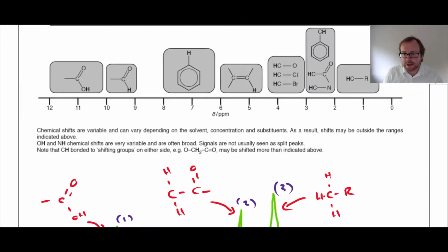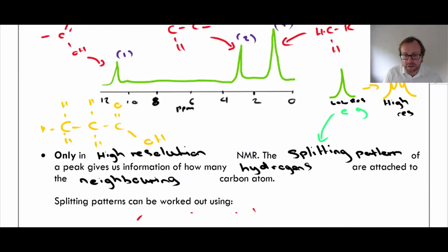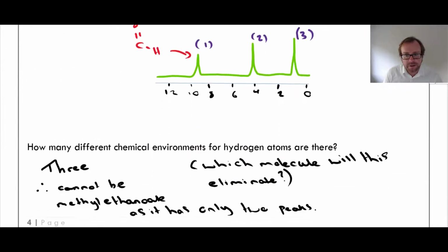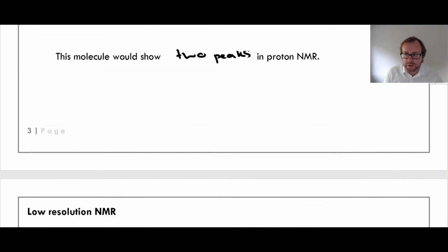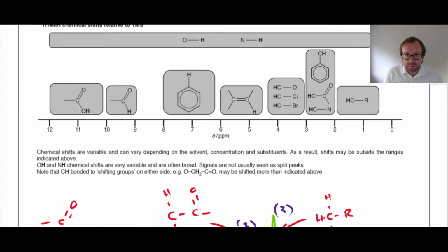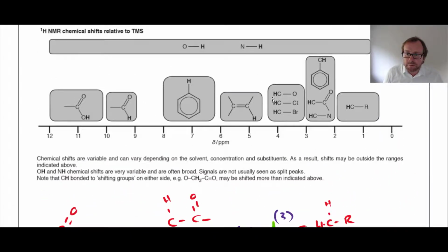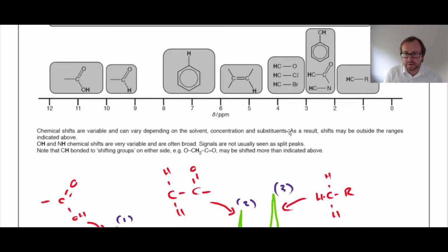This is round about 2, and I'll quickly go back up. Sorry, it's round about 2 and 3, I think. Let's go back down. Sorry. No, so it's round about 4, apologies. So that changes my mind. So if I go back up, it would probably be my HCO bonds because the HC, C double bond O would be slightly below.